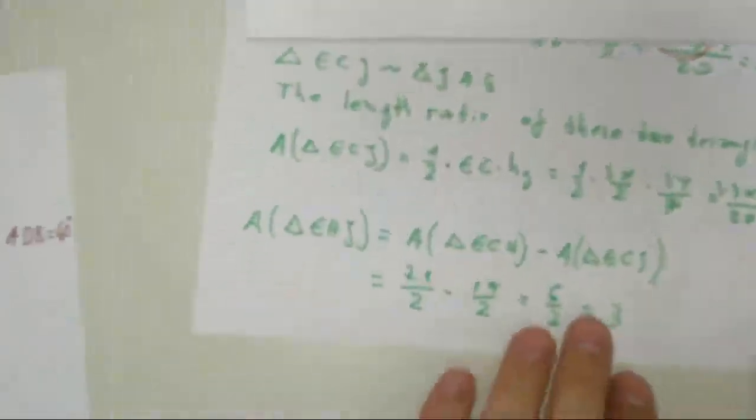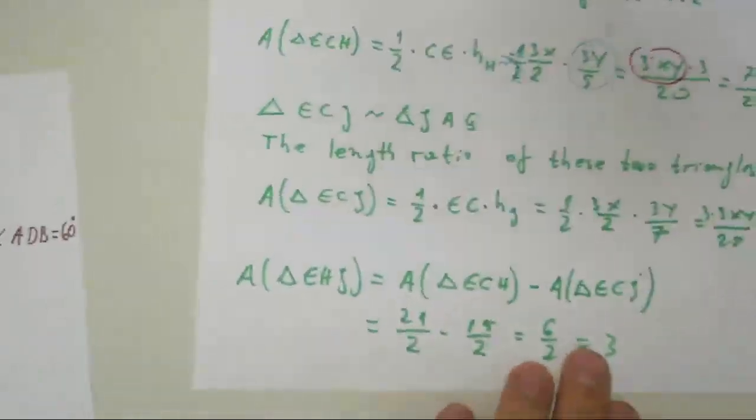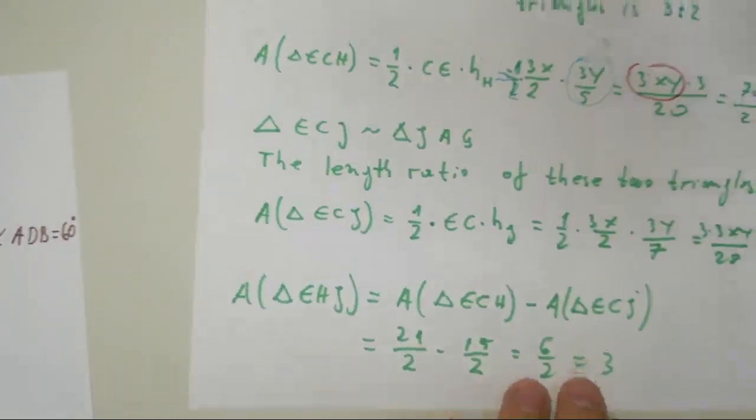And we have the last part. With this one, the problem is all solved. The area of the triangle EHJ is the area of ECH minus ECJ.